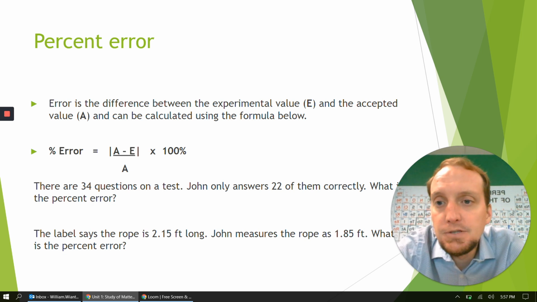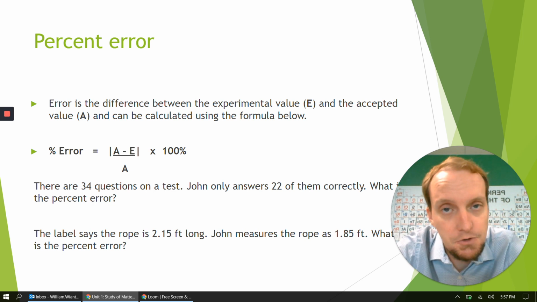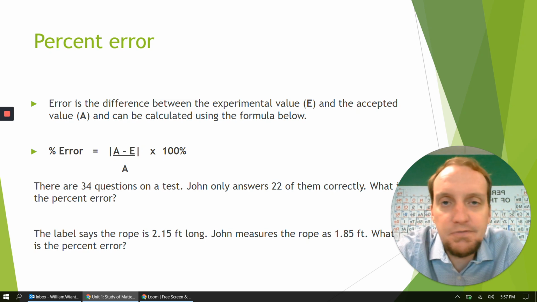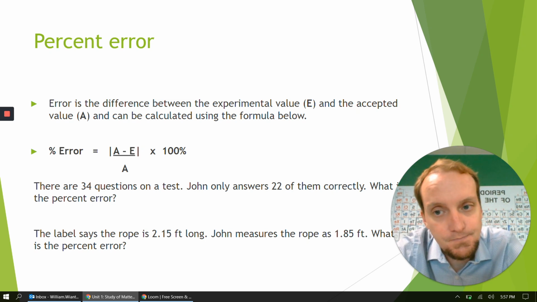So, like it says here, the error is the difference between the experimental value, which we're just going to show as the capital E, and the accepted value, which is A. And then the equation is very simple. Percent error is basically the accepted minus experimental, inside two vertical lines.